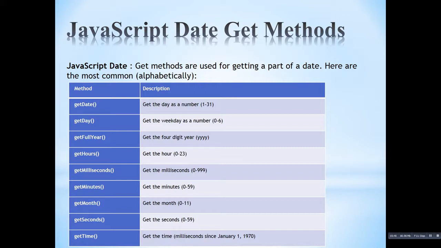On the date object you can apply the following methods. getDate returns the day of the month as a number, the current number of the month day. getDay similarly returns the weekday. getFullYear returns the year. getHours returns 0 to 23. Then getMilliseconds, getMinutes, getMonth, getSeconds, and getTime. getTime will return the milliseconds since January 1st 1970.